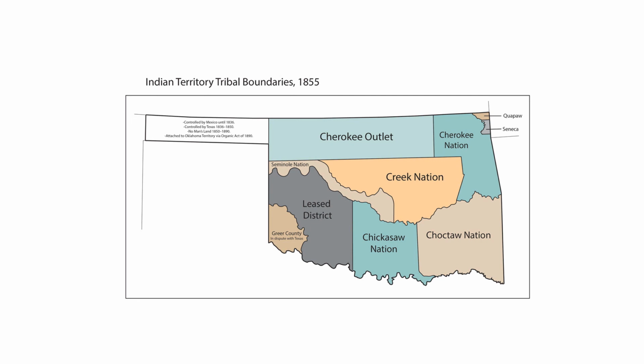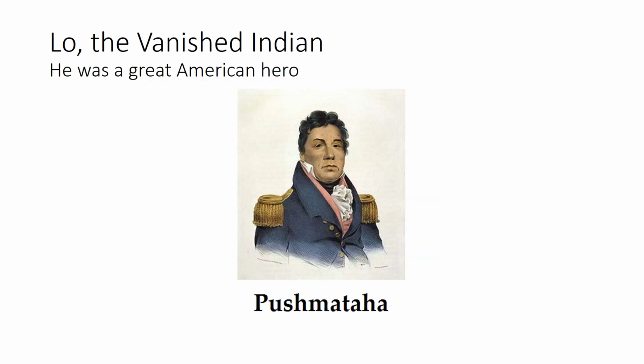Meanwhile, once the Indians were removed from the South, all of a sudden, in the South, Indians were romanticized as being great heroes. Here's Pushmataha that I mentioned earlier in his uniform that he wore when he was allied with Andrew Jackson in the Creek War. School textbooks started to talk about how wonderful and heroic Cherokees were once they were gone, most of them.